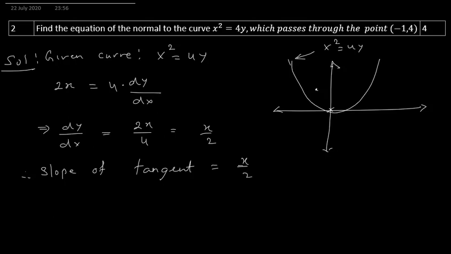Depending on the point where we are talking about slope, the value of the slope of tangent will change as the value of x changes. Therefore the slope of normal is equal to minus 1 upon the slope of tangent. So minus 1 upon x upon 2. This will give me minus 2 upon x. Now minus 2 upon x is the slope of normal.